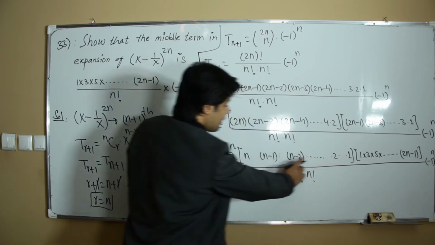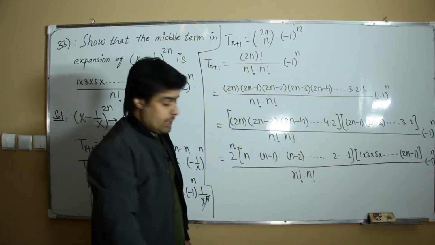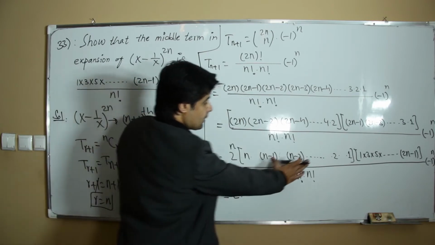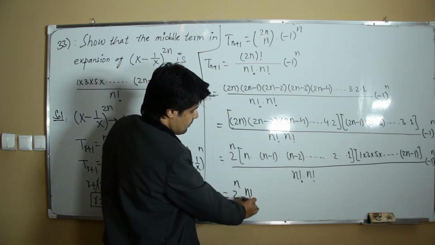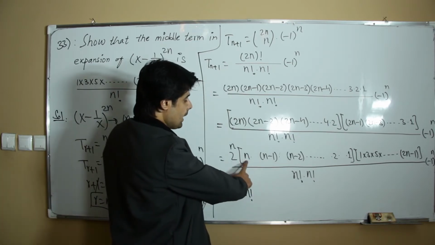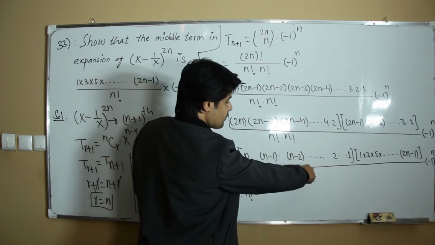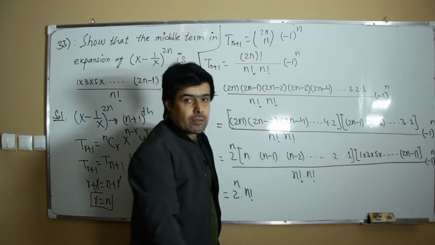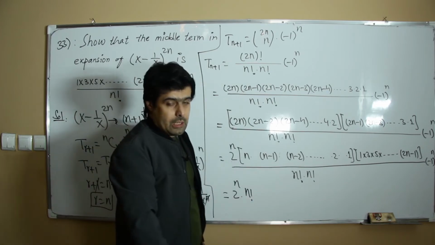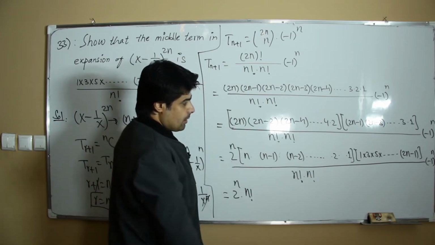Is this one n factorial? Yes. So we can write 2 to the power n times n factorial. Is this the definition of n factorial? Yes, so it's n!.